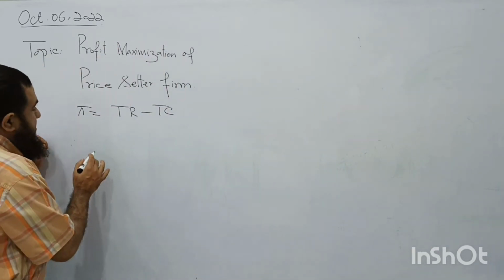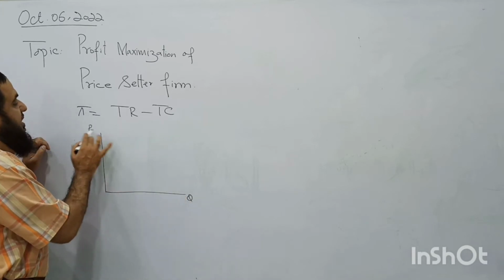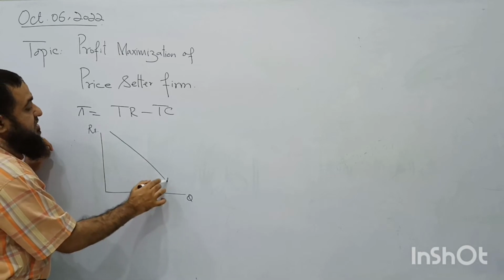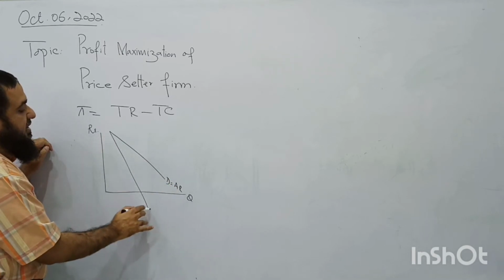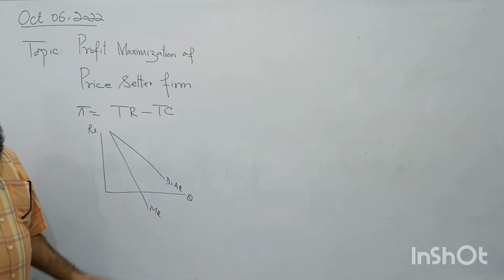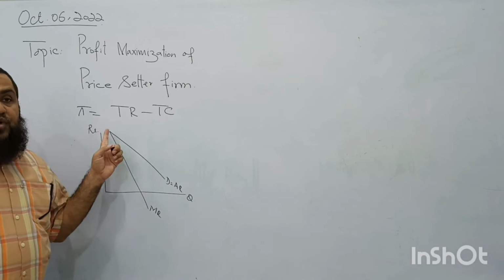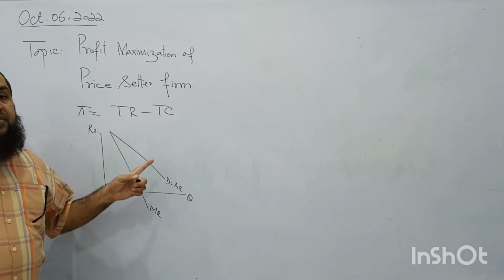See over here, this is the demand curve of the firm, I am writing rupees over here. This is the demand curve which is equal to average revenue, and then this is the marginal revenue. Clear? Average revenue starts from the same point as marginal revenue, but marginal revenue is twice as steep as average revenue.